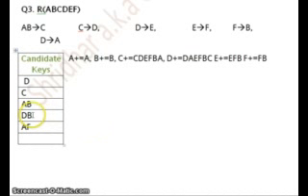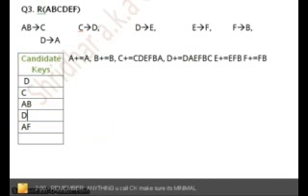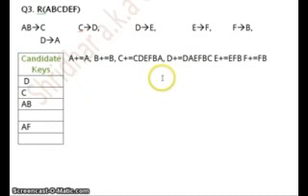Now similarly the case for DB. Again, D can determine everything by itself, then why is this B coming here along with it? So this makes it non-minimal, so we again remove it. Now is there anything left?